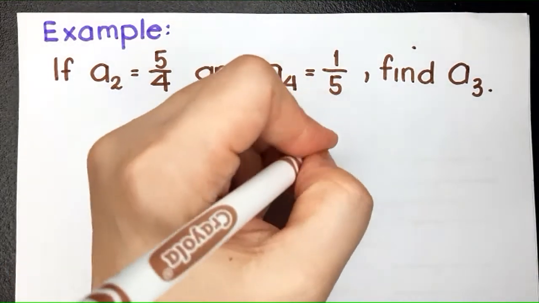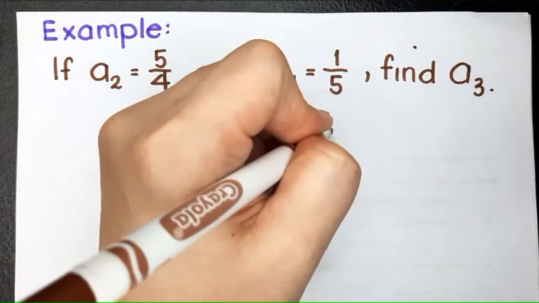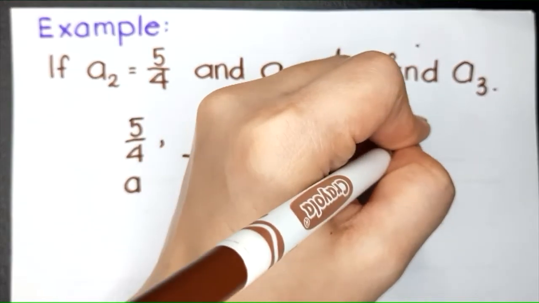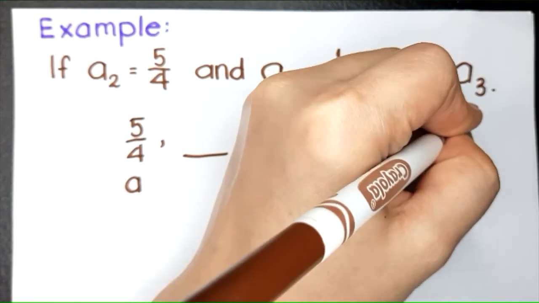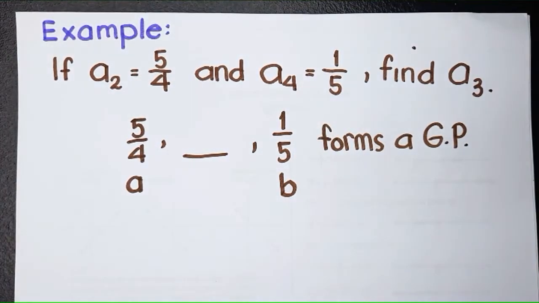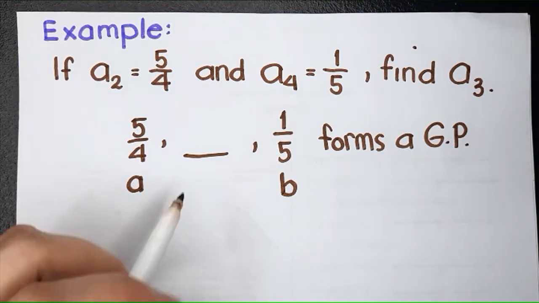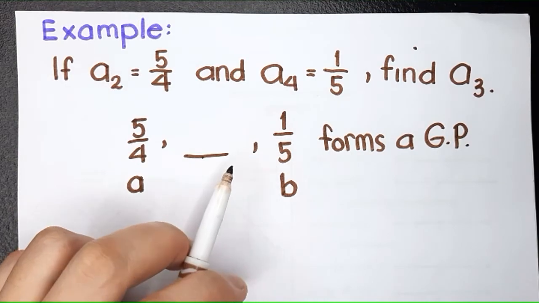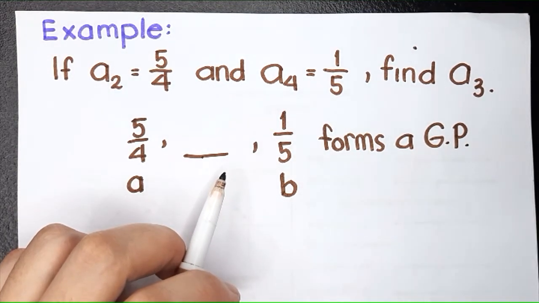Okay? So, ito assuming na geometric progression ang mga ito. So, let me write here. Okay? So, this sequence forms a geometric progression. Okay? Para clear tayo. So, itong formula na ito, kapag maghahanap kayo ng isang number between two numbers at ang i-form nila ay geometric progression.